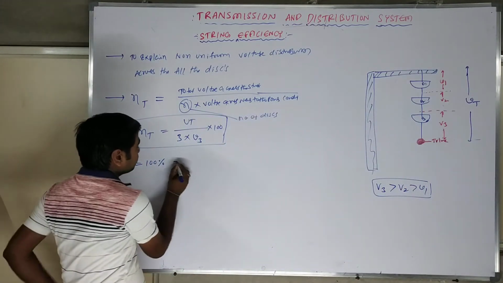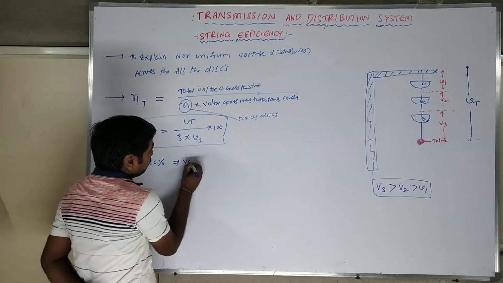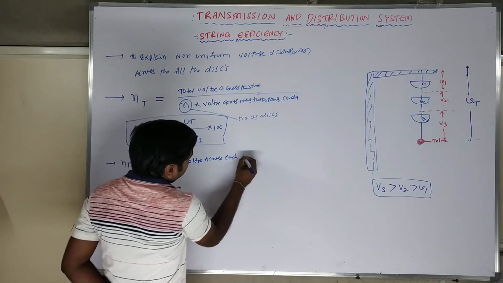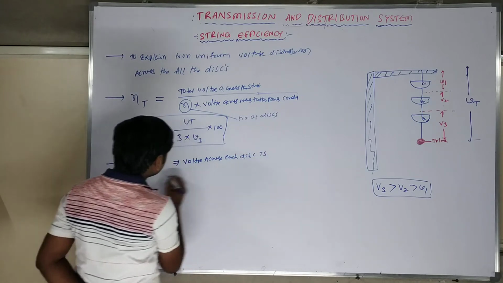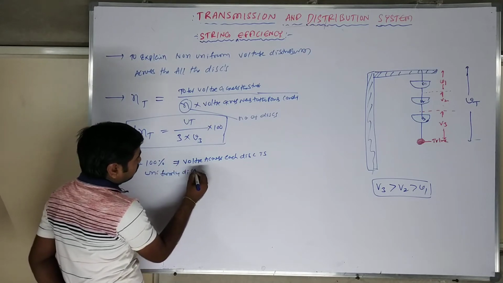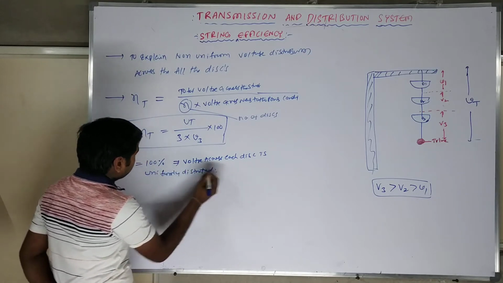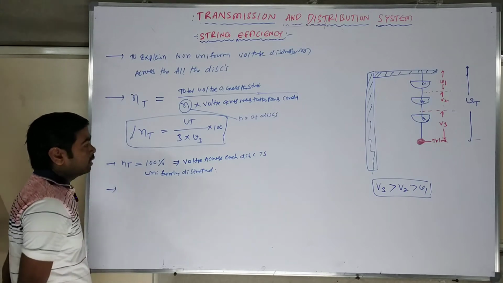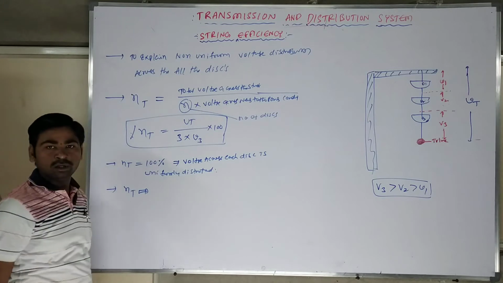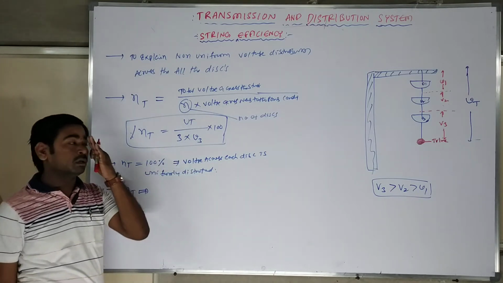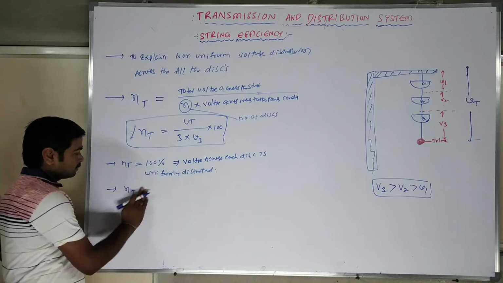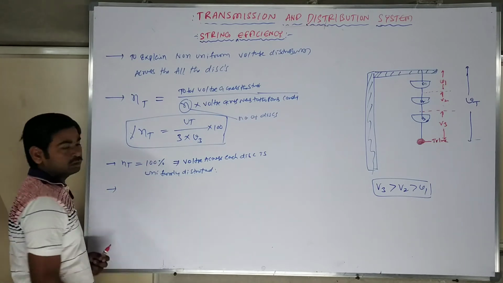String efficiency of 100% means the voltage across each disc is uniformly distributed. Next, the string efficiency indicates how the voltage distribution takes place across the conductor. That is the important thing about string efficiency.